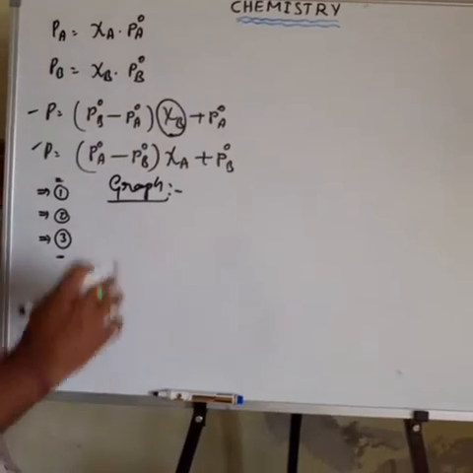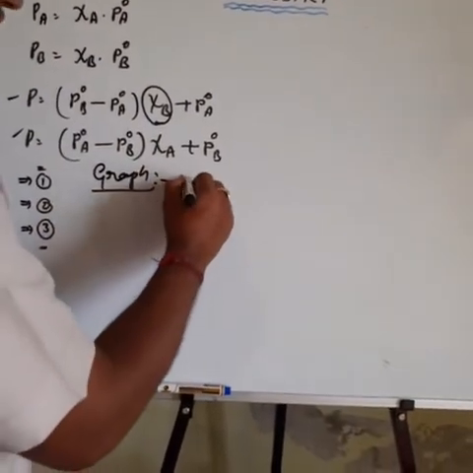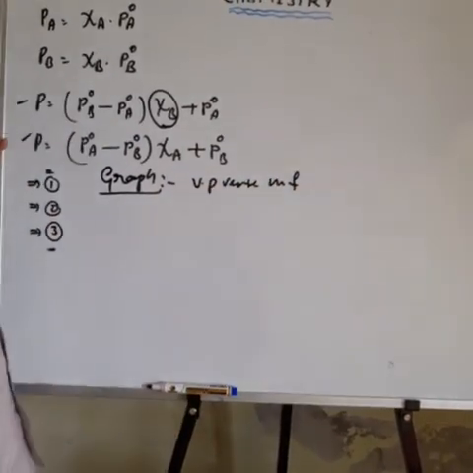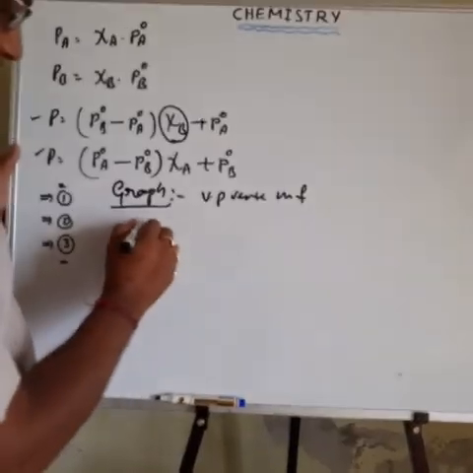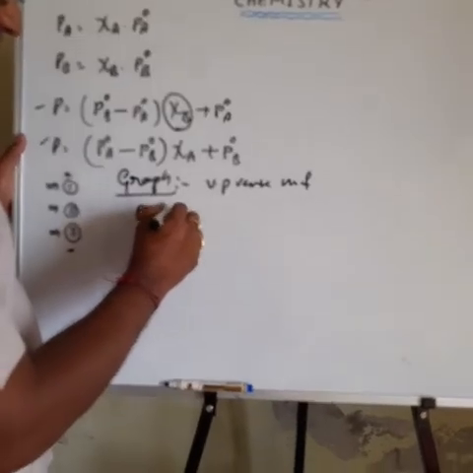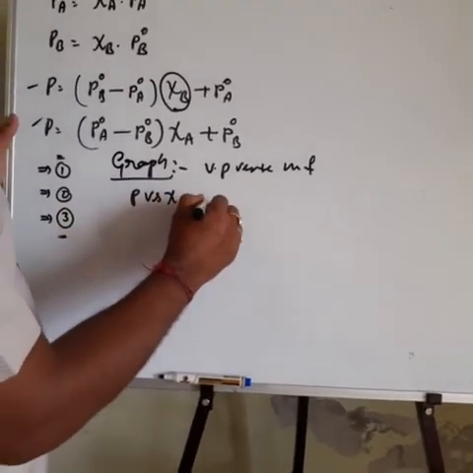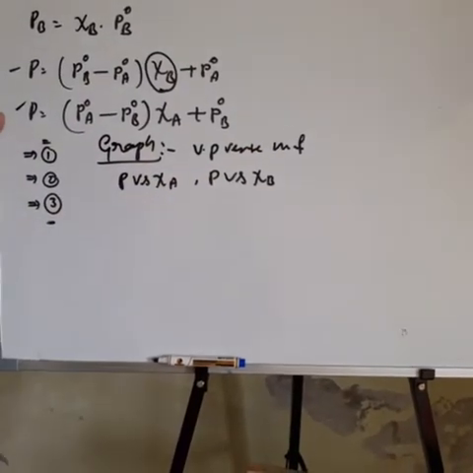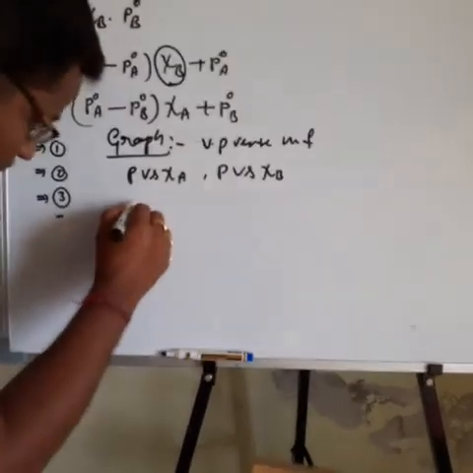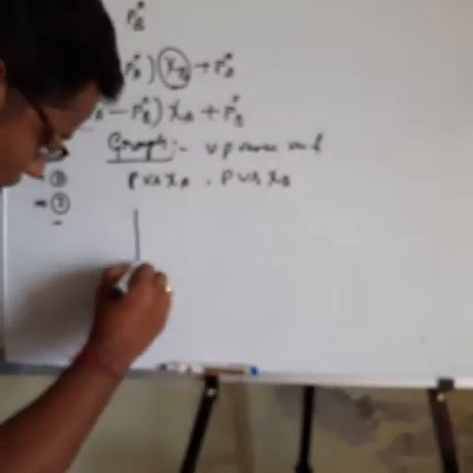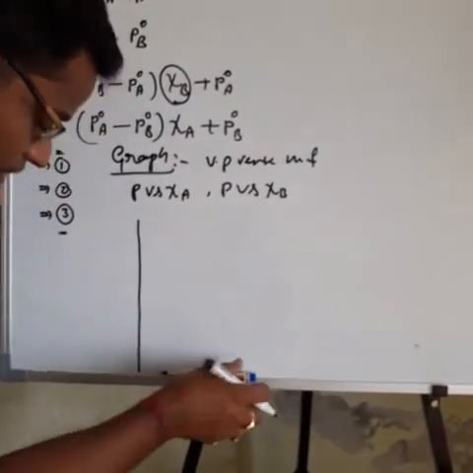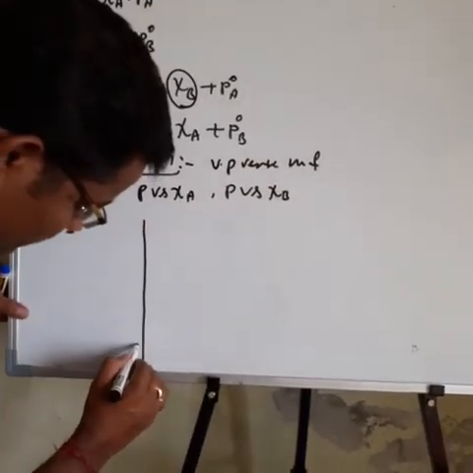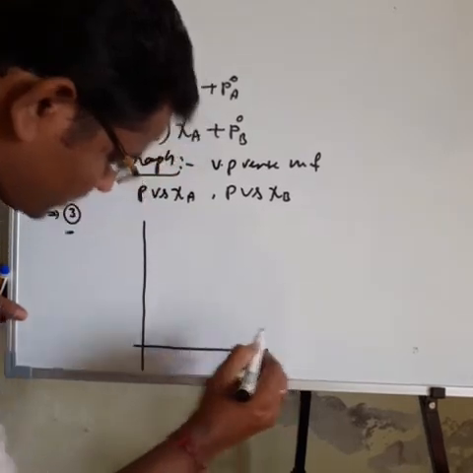Then next is the graph. The graph is plotted between the vapor pressure versus mole fraction of the component. That means the graph is plotted between the vapor pressure P versus mole fraction of A, or vapor pressure P versus mole fraction of B. Here the vapor pressure is taken on the y-axis and mole fraction is taken on the x-axis.